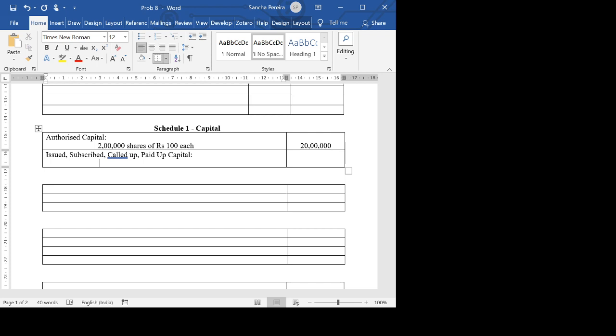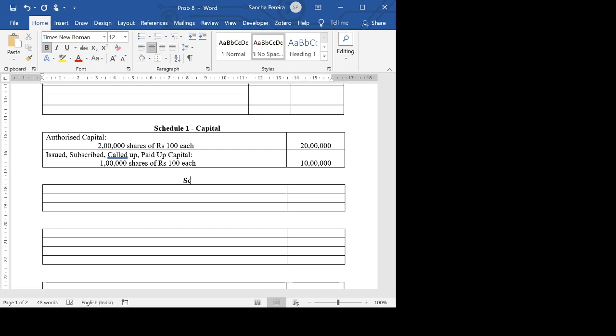They've given us a figure as 10 lakhs, so that's going to be 1 lakh shares of rupees 100 each. I hope everyone knows how we've got these figures. The only one that we had to find out is this 2 lakhs. That's not given, but how did I come to know? Because they've said the face value of the share is 100 each. So that's schedule 1. In the balance sheet we are going to only take this figure.